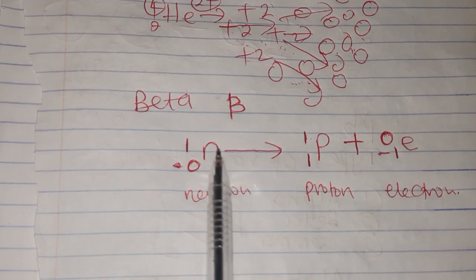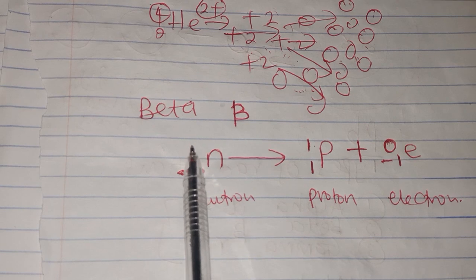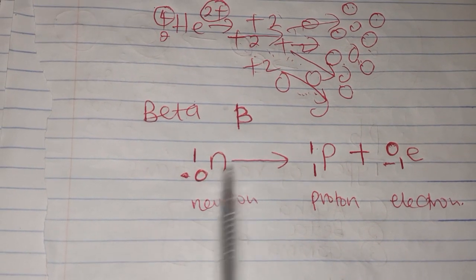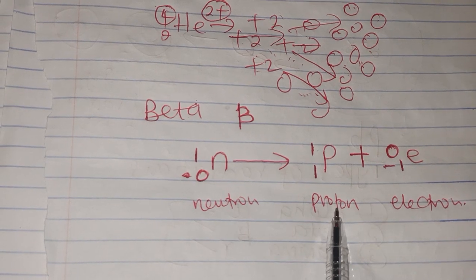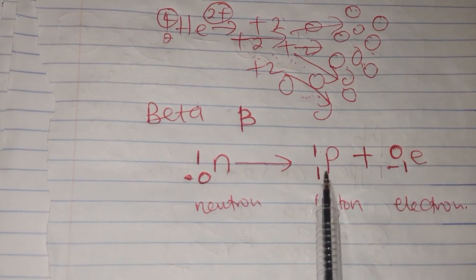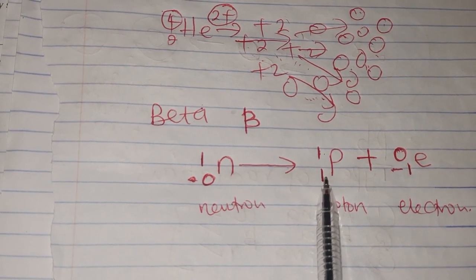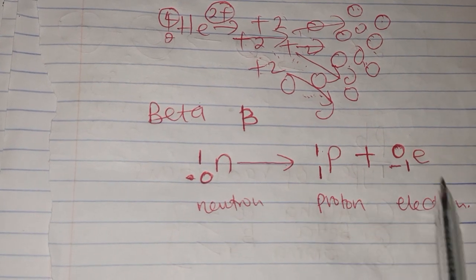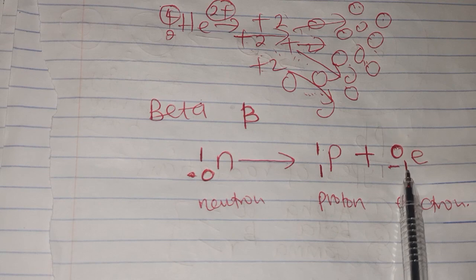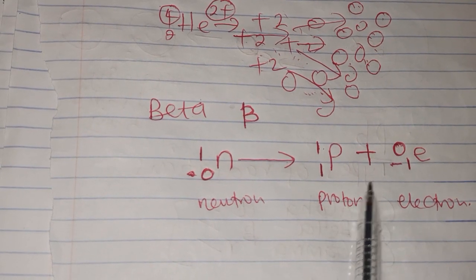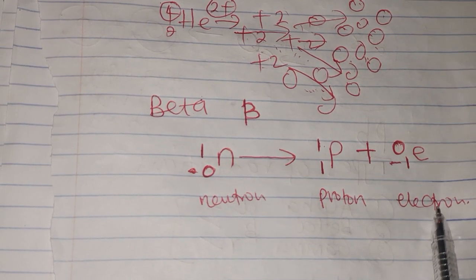So a neutron with a mass number of 1 and no atomic number is getting split. On getting split, it forms a proton with a mass number of 1 and the proton number given as 1. It has no mass number, but it has a negative charge of -1, and it is called an electron.